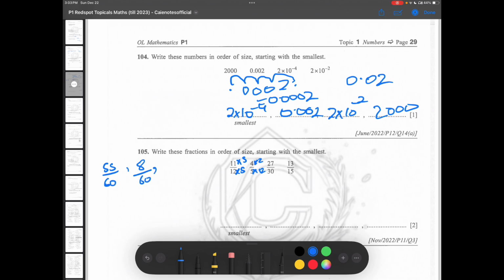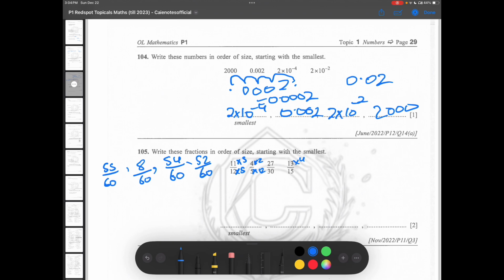This 30 gets multiplied with 2 and 27 with 2 as well. It becomes 54 upon 60. And the last one is 13 upon 15. 15 gets multiplied with 4 and 13 also gets multiplied with 4. So this will become 52 upon 60.